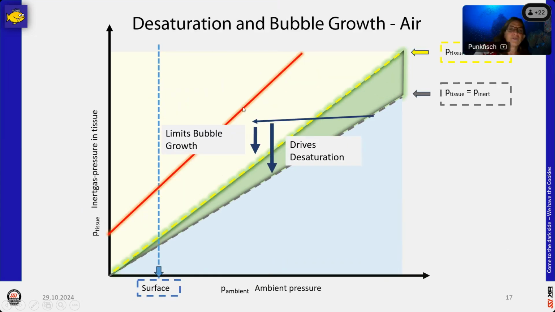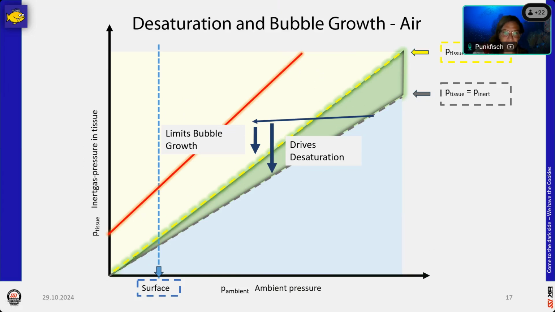So one view on this, we said that the bubble growth is limited by keeping the oversaturation as small as possible. If we would just stay along this yellow line, we would not have any chance of bubbles to grow, because it needs a supersaturation over the ambient pressure, and bubbles can only form when the tissue pressure is way higher than the ambient pressure.